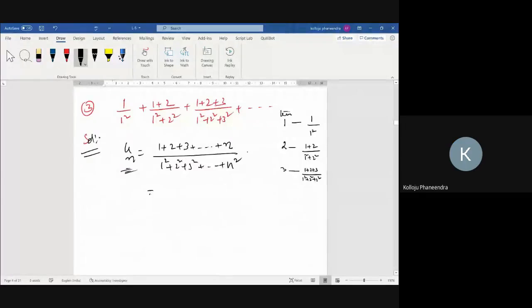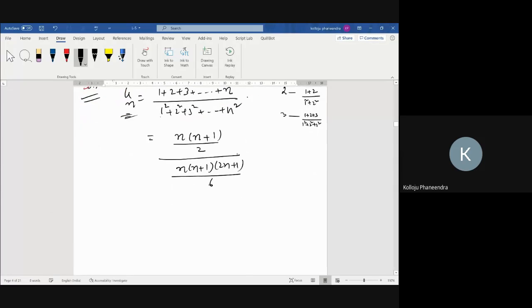Yes, sir. And what is the sum of the first n natural numbers formula? 1 plus 2 up to n is n into n plus 1 by 2, whole by the sum of the squares of the first n natural numbers formula, n into n plus 1 into 2n plus 1 by 6, correct? Right, so this n plus 1 gets cancelled, and the remaining term is 3 by 2n plus 1.